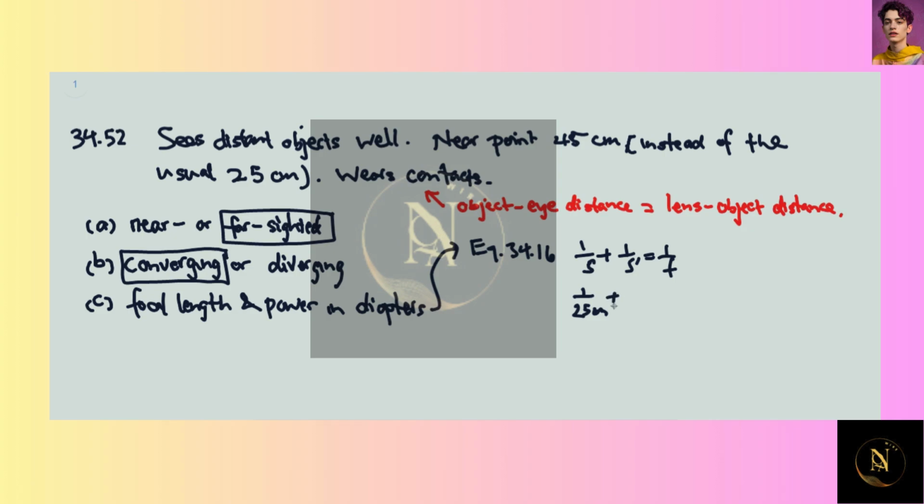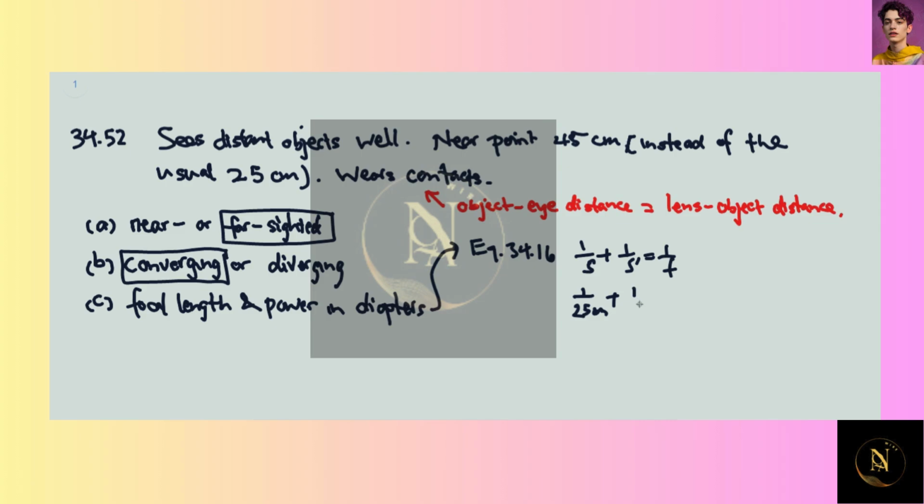This person's near point is 45 centimeters, so when they're looking at a close object, they can't focus very well unless it's farther out at 45. So when they wear the lens, we want the image that's formed to be at this 45 centimeters where it's comfortable for them to see.